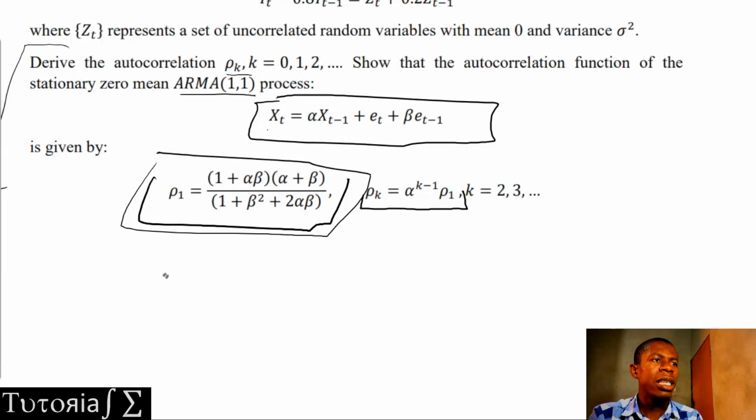The first thing we need is to know what rho k is, which is the autocorrelation function.